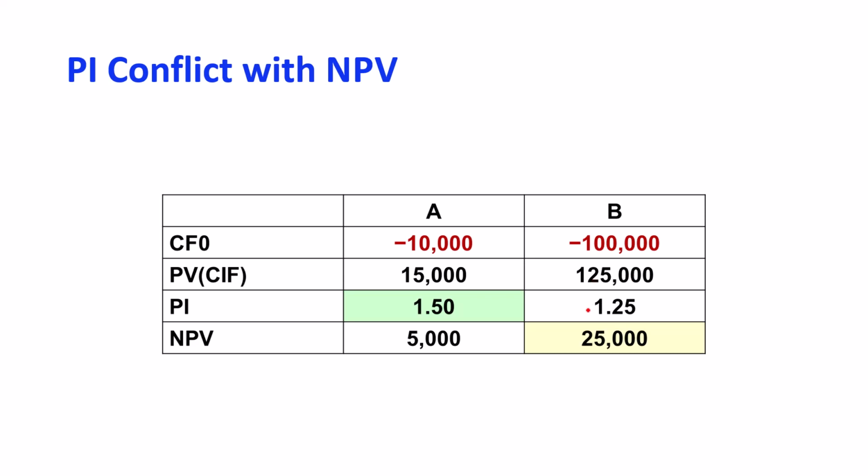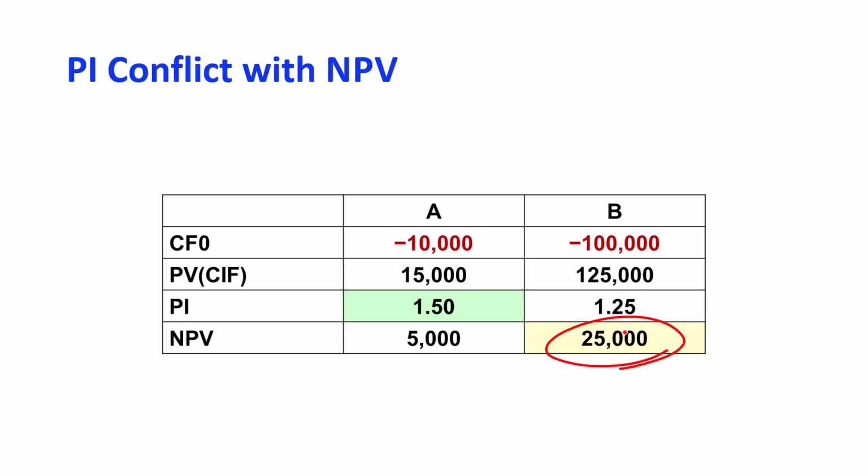That means that the profitability index for B is 125 and for A is 150. But the NPV of A is 5,000 only compared to 25,000 in B. Obviously, this project creates more value. Remember, the goal is how much value you're creating. So project B, even though it has a lower profitability index, has a higher NPV.